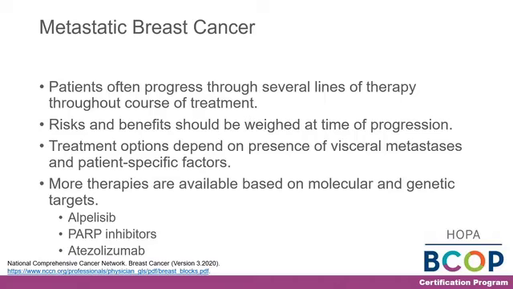Tucatinib, which is an oral therapy, is used in combination with capecitabine and trastuzumab and can be used after 1 or more lines of anti-HER2 therapy in the metastatic setting. And then lastly, we have sacituzumab govitecan, which is specifically recommended in patients who have triple-negative breast cancer after 2 or more lines of therapy in the metastatic setting. Those are recent additions to our arsenal when it comes to treatment of metastatic breast cancer.